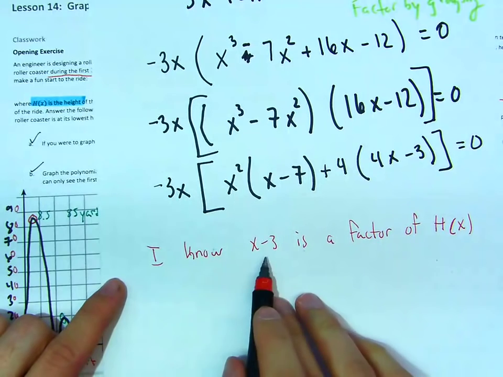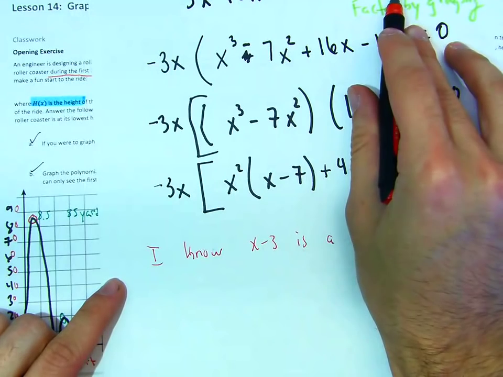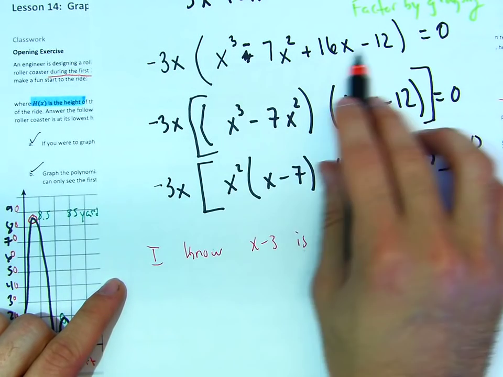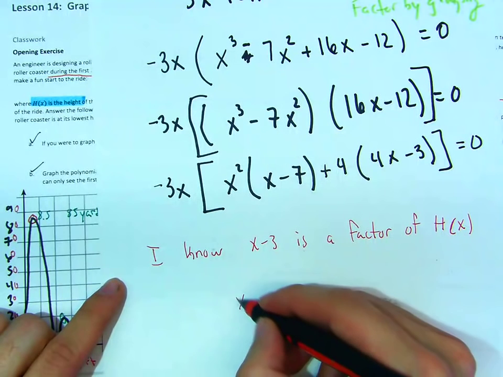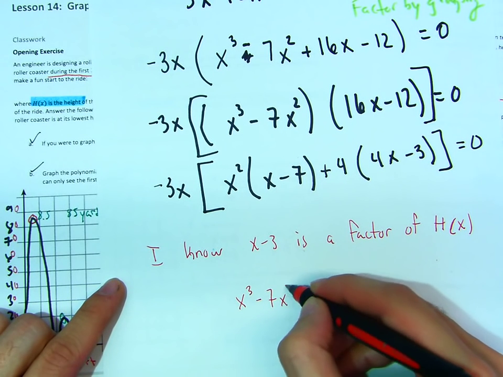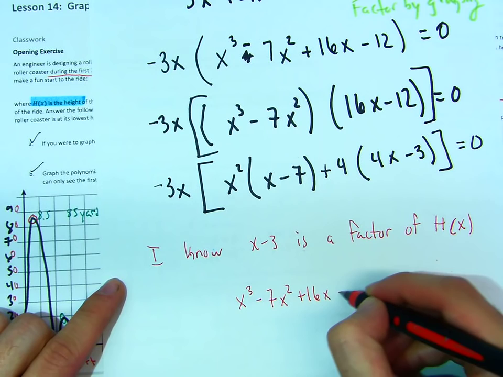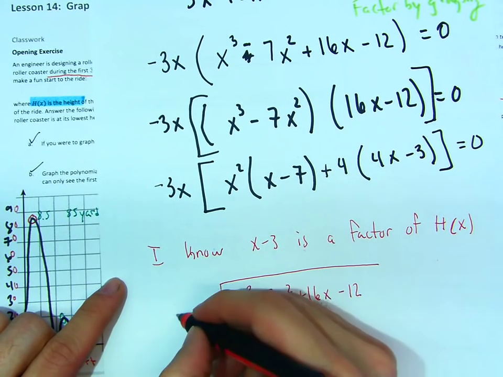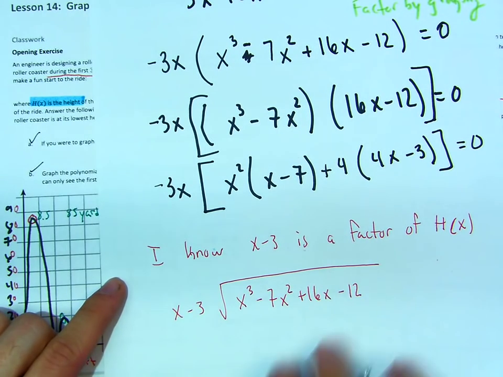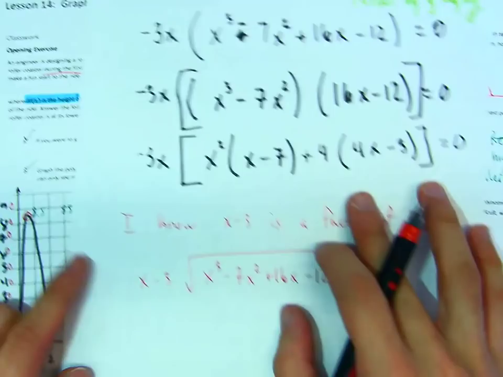If x minus 3 is a factor of this, I can take this x cubed minus 7x squared plus 16x minus 12 and divide it by x minus 3. Hopefully I'll get something that will be nicer to factor.